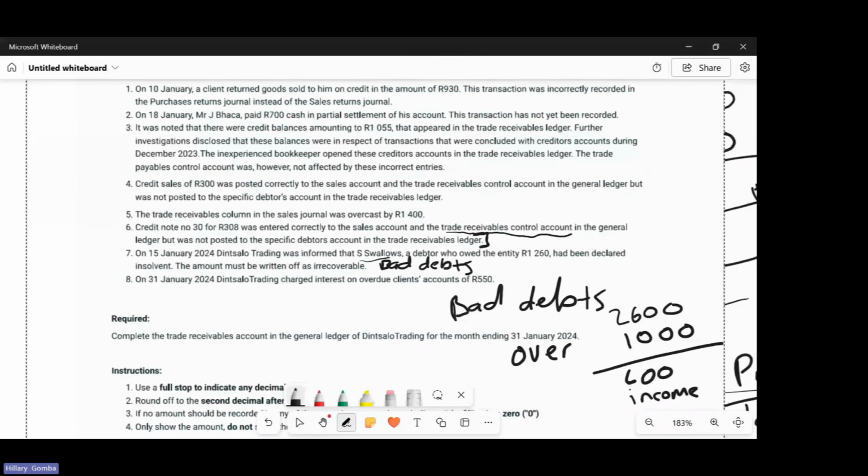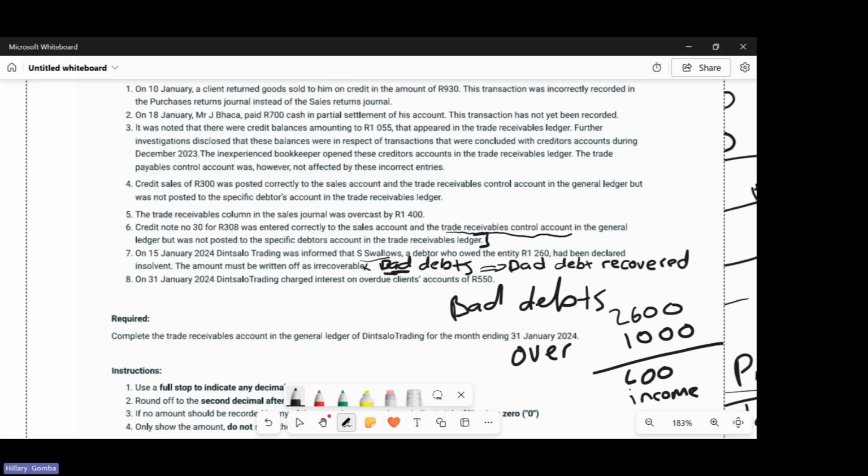When they come back, we record that amount in the cash receipts journal as a bad debt recovered, if they do come back to pay back the money they owed us. But if they don't, we would have already recorded it in our bad debts or credit loss account. So this one is a bad debt. We need to record it in the bad debts account.